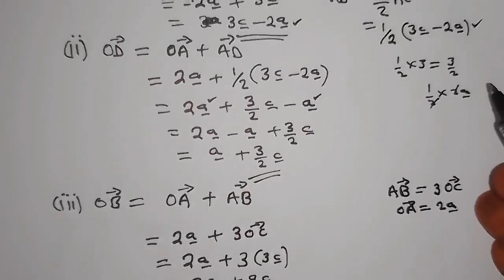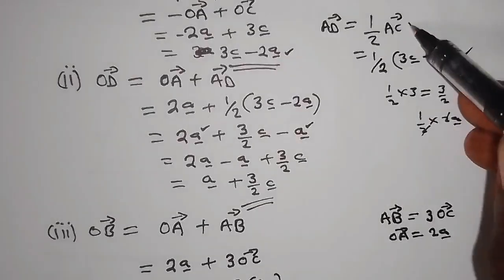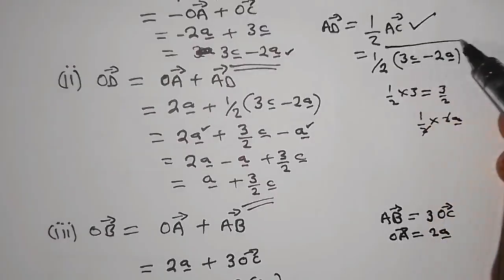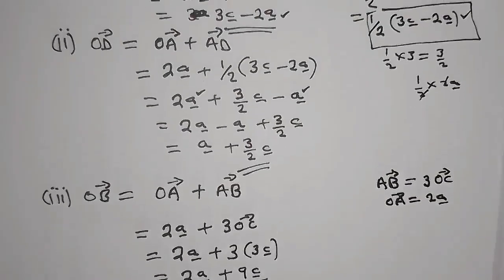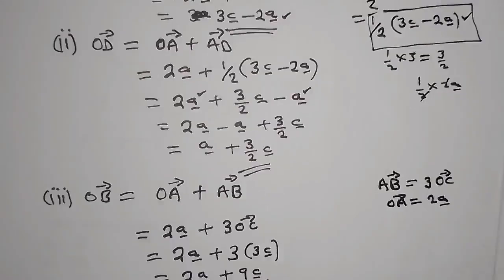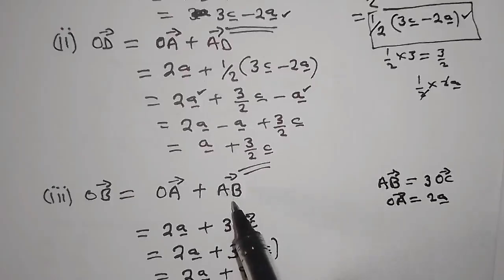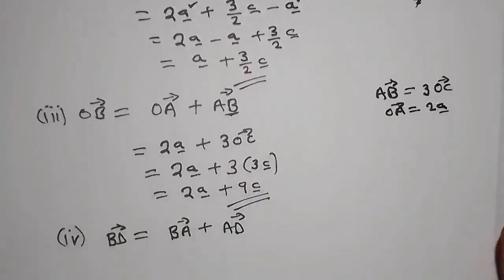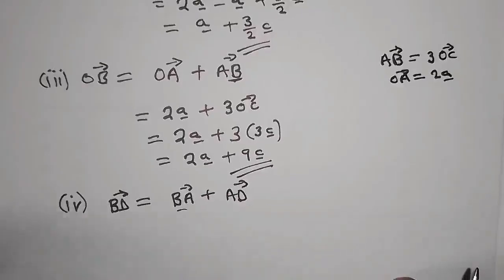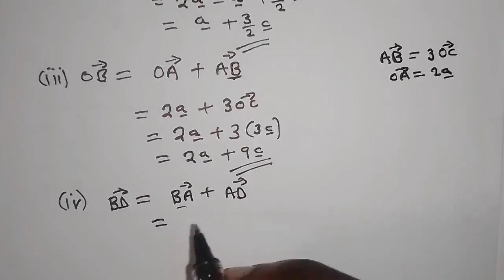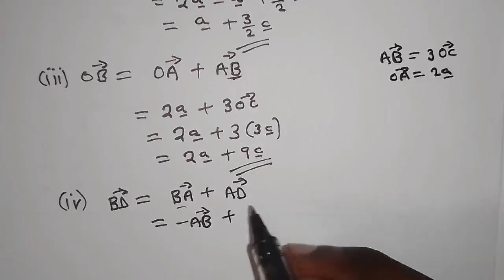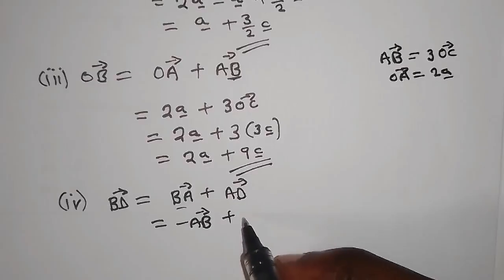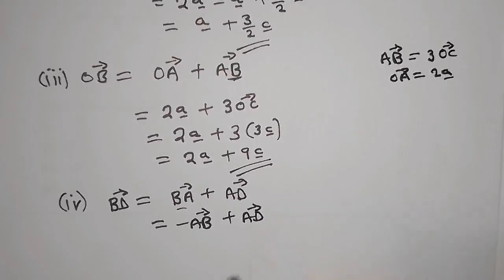Now remember that our AD is this one, at least at this point, and we have our AB, this one, but in this case we are looking for BA, which is the reverse, the opposite. So this is just going to be negative of vector AB plus our AD. So then now we can simplify.